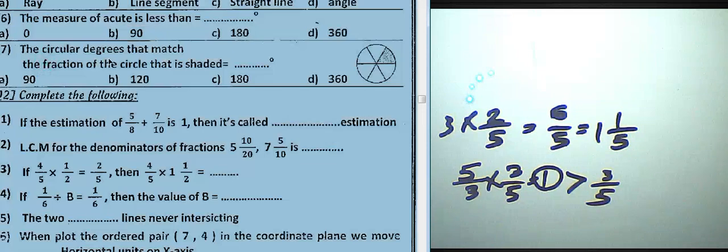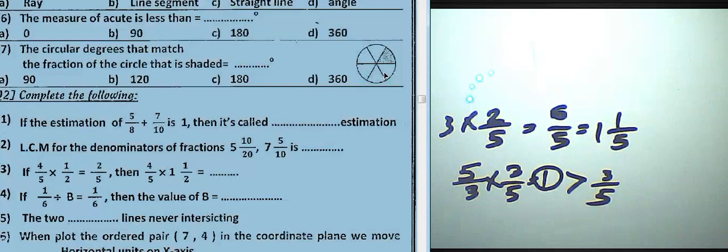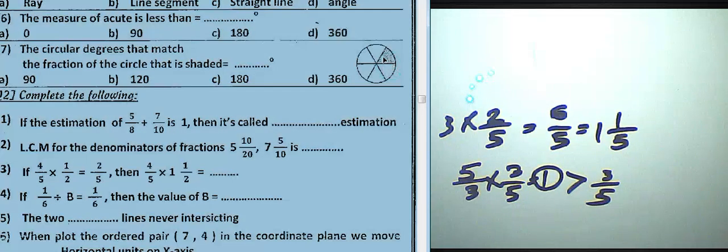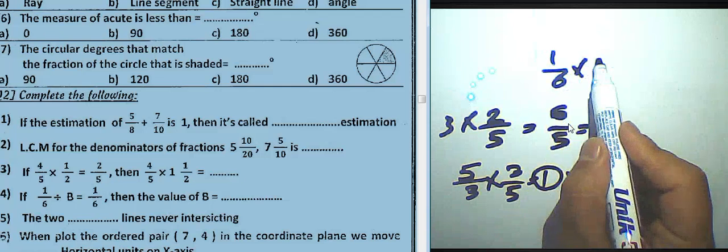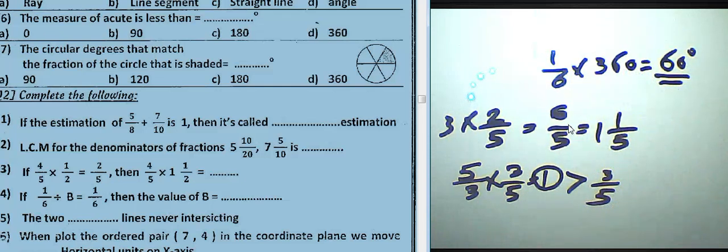The circular degree that matches the fraction, 1 over 6, is 1 sixth of 360. We count the total number of parts, 1 2 3 4 5 6. We have one part from 6 multiplied by 360, which equals 60 degrees. Then this part will be 60.